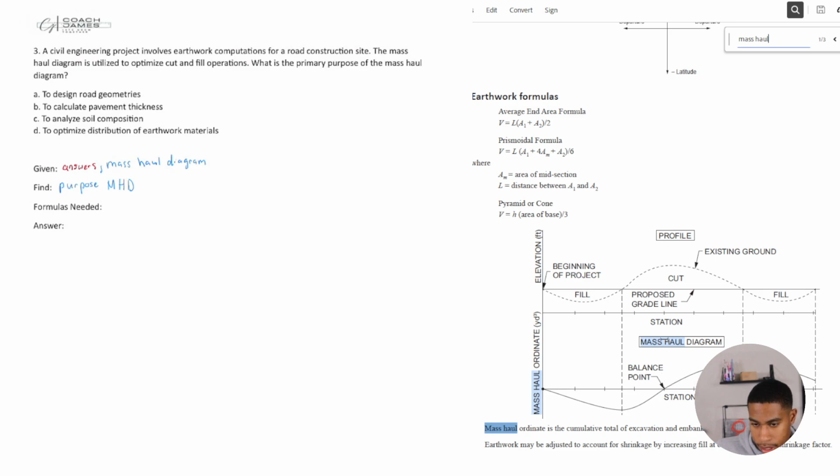And so you can find your balance point. Mass haul ordinate is the cumulative total of excavation and embankment at a given station.